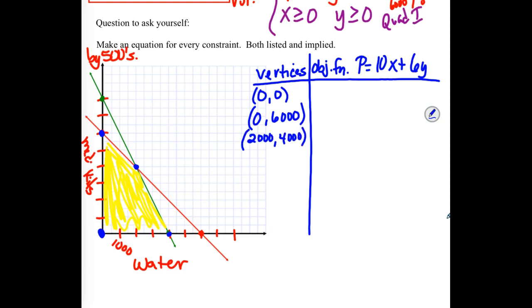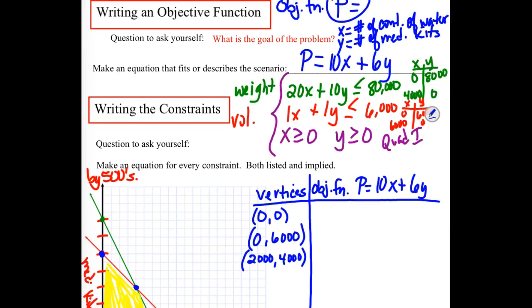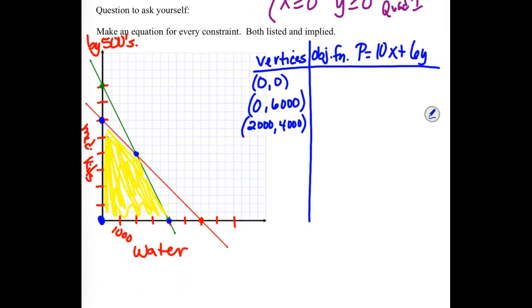And remember we said yesterday that you should double check that point in both the green and red equations? Okay, so if we put 2,000 in here and 4,000, does it work? In both of them? Okay, so we've got the right point. Our last dot here, vertex, was 4,000, 0.